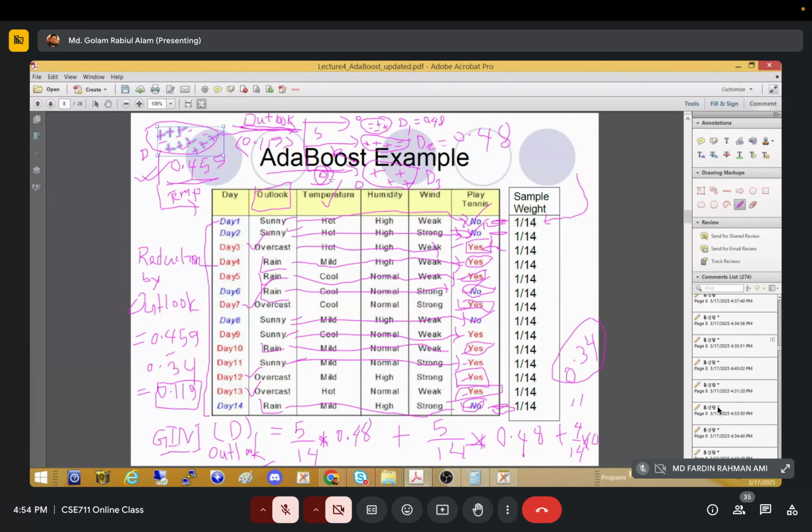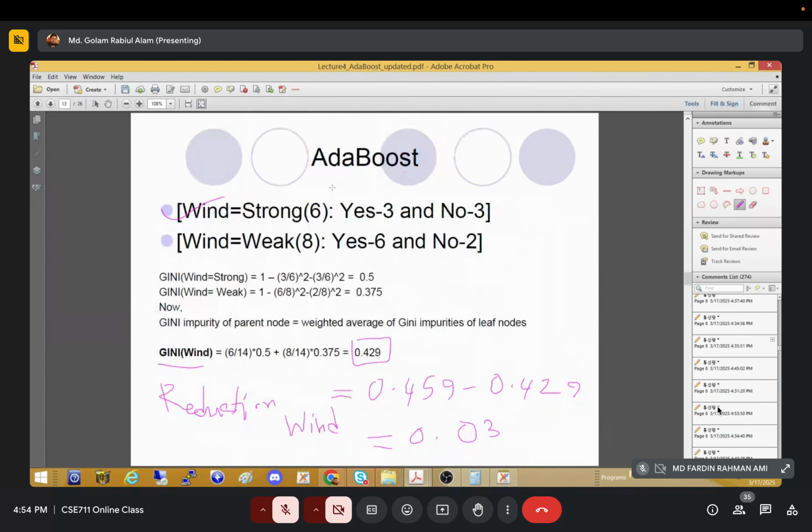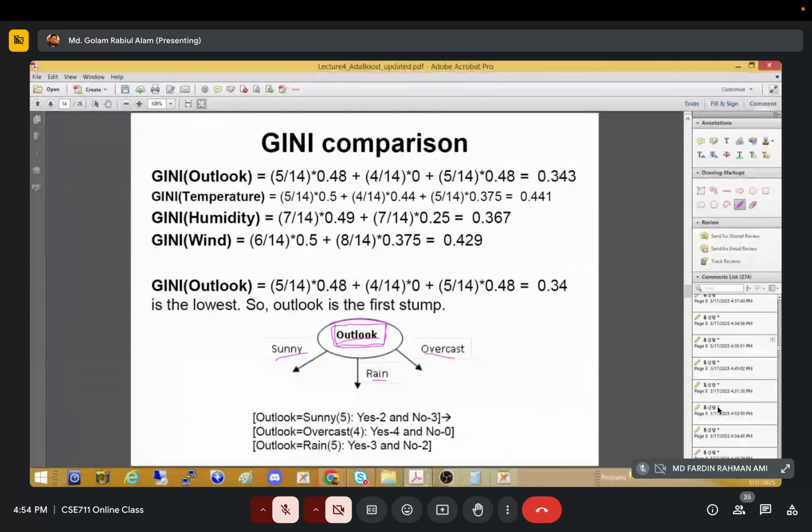So in our stump construction, if outlook equals overcast, we will use yes, all the time a positive decision.